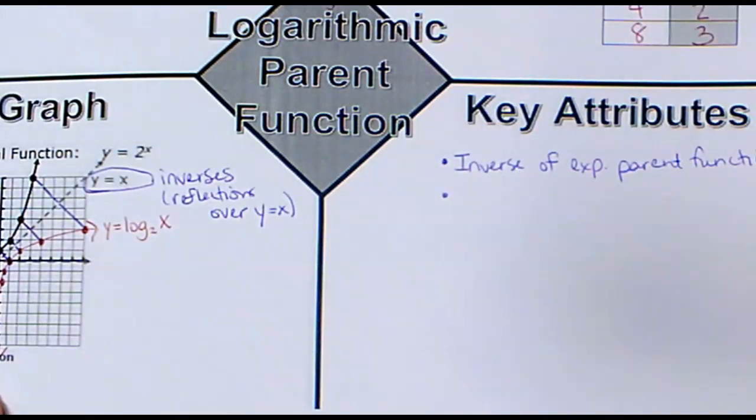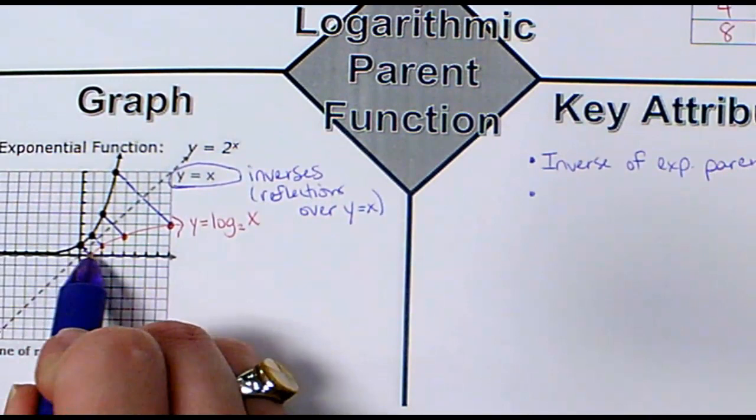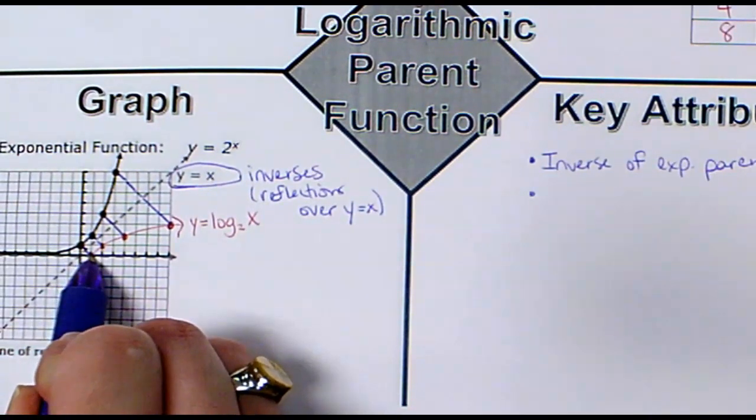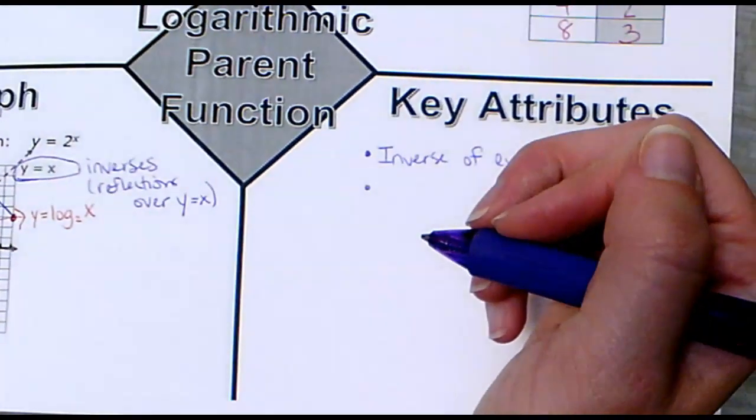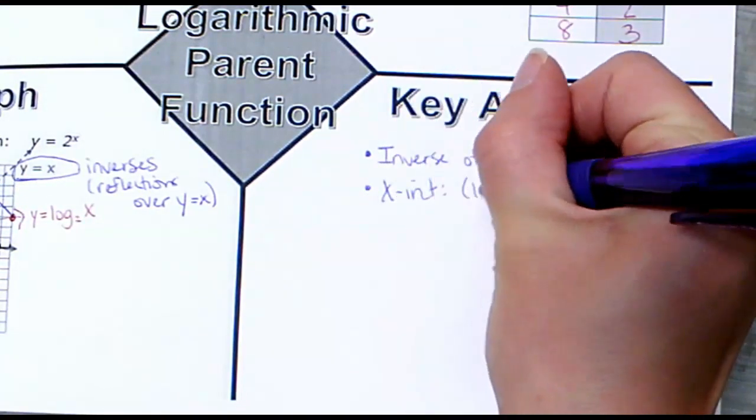The x-intercept: if I look at my graph along the x-axis, that x-intercept is right here, and it's always going to be there for the parent function no matter the base. So this point is 1, 0. The x-intercept is at 1, 0.